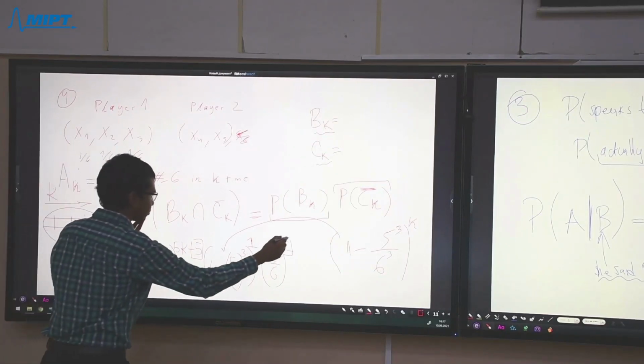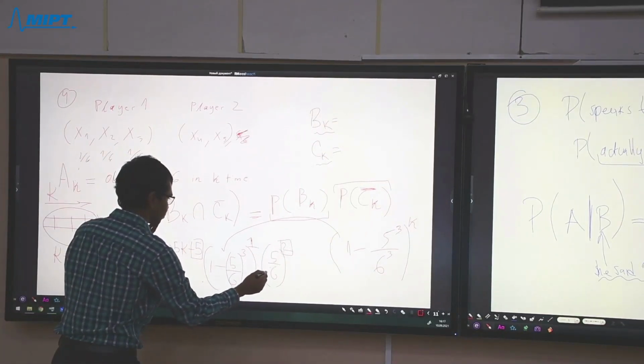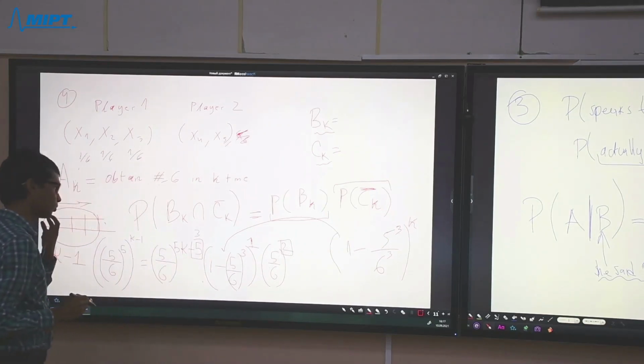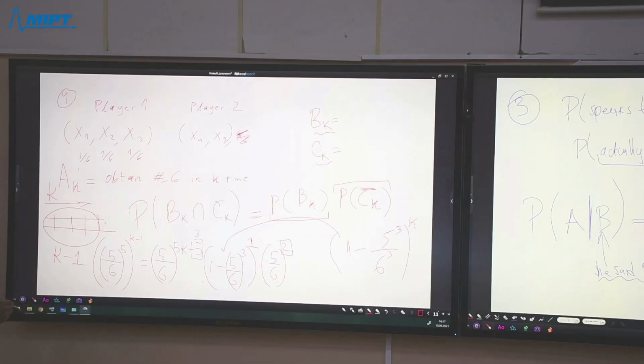Okay. And now what? And now we are looking for the probability that which player wins. Yeah, this should be the final answer, right? For k minus 1 cases, we rolled 5 dice, and got no 6.